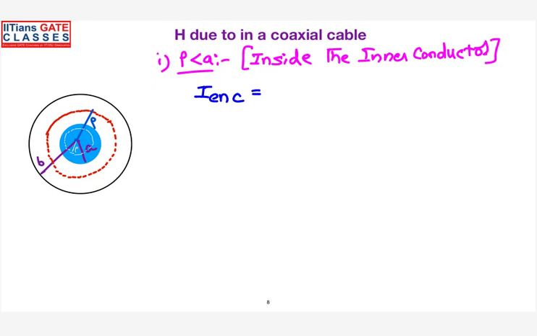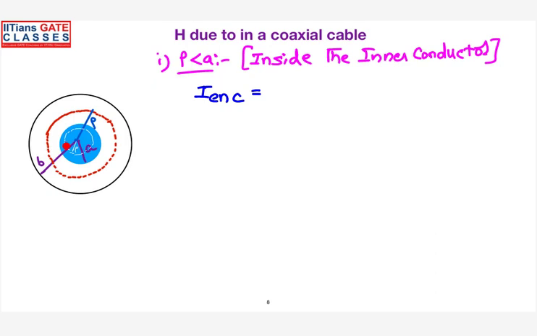First of all, what is the loop area you are covering? You can speak directly into the mic so that we don't waste time. What will be the loop area when you consider a point which is less than A? It's pi rho square. Pi rho square, correct.